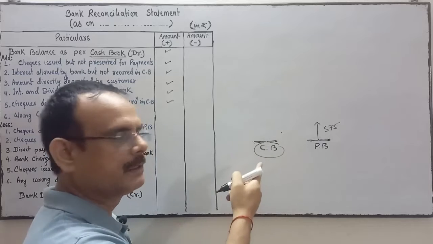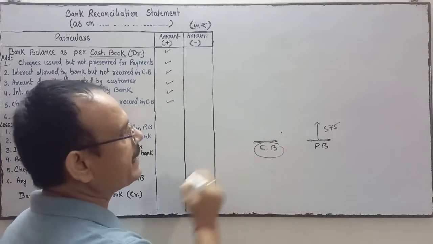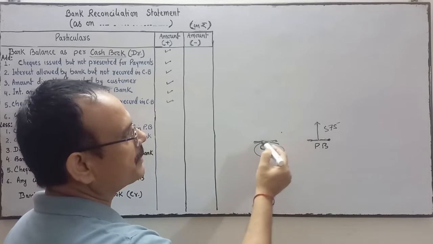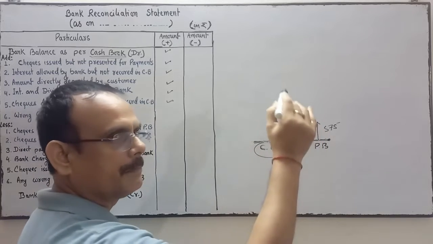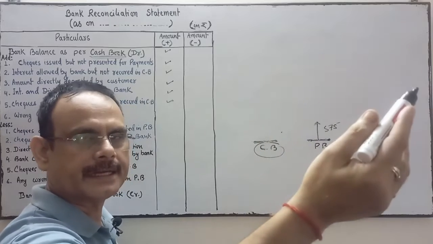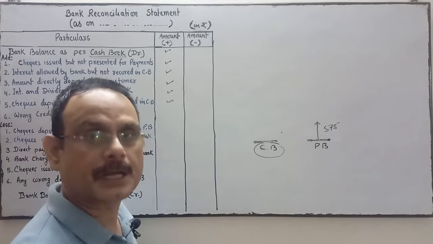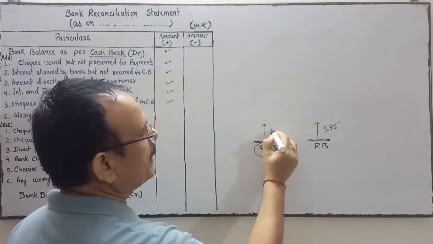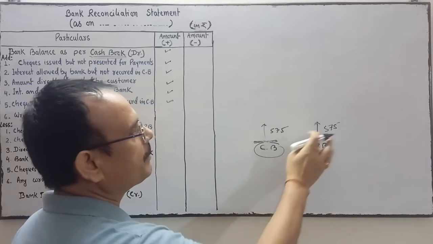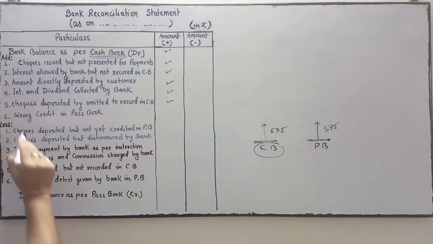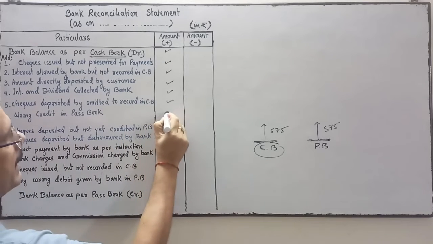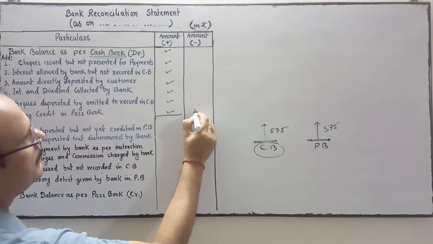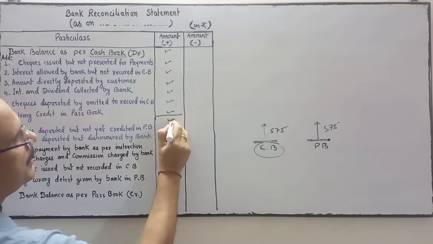But when we are reconciling, we find that the reason for the difference is that the bank accountant has wrongly credited the amount in the passbook. So to reconcile it, you add that amount, 575, in the cash book to make the balance equal. So wrong credit in passbook will be added. You do the addition right over here.